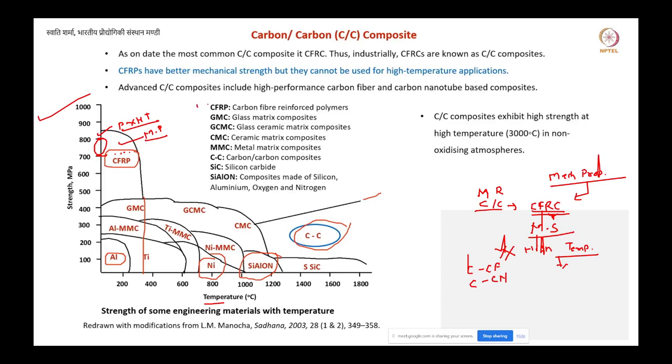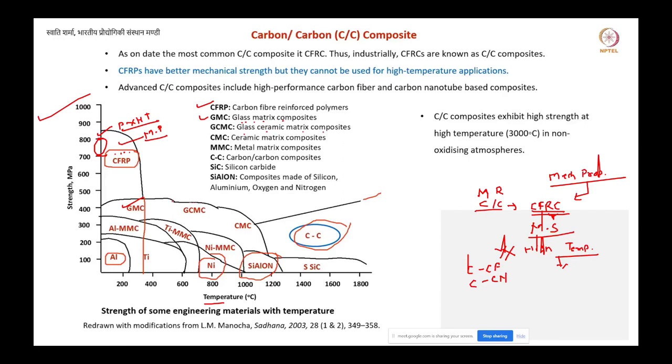So this is your carbon fiber. GMC is glass matrix composites. So here you will use glass matrix. In the glass matrix it will have a good mechanical strength, and also you can expose this to a little higher temperature. Similarly, a glass ceramic matrix composite, so here you will have glass and ceramics.